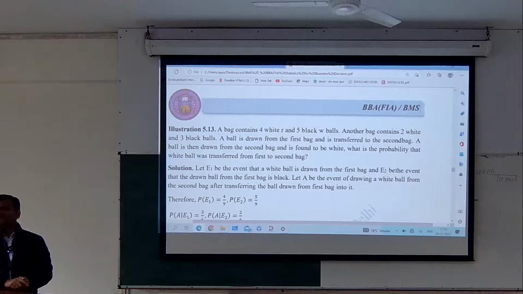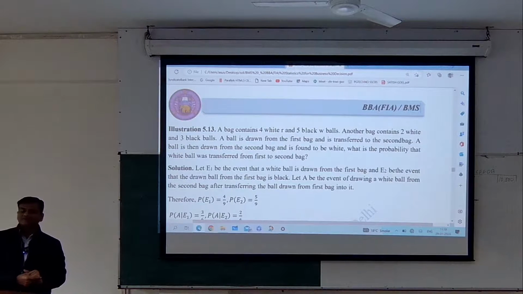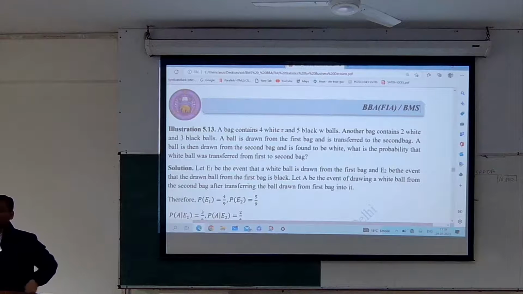So the first bag has 9 balls, the second has a total of 5 balls, black and white. Now a ball is drawn from the first bag and it is transferred to the second bag. Then a ball is drawn from the second bag and it is found to be white. So what is the probability that the white ball was transferred from first to second bag?